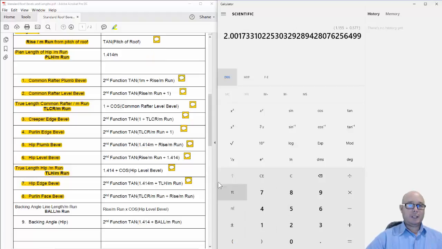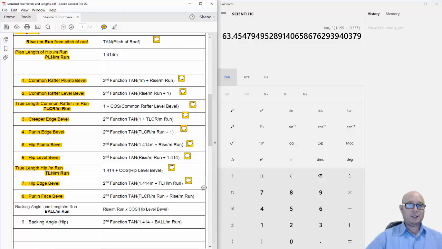I'll close the bracket, and I also need to second function tan that, so I'll hit the tan minus 1 button, and there's the answer. It's 63.45. So this 5 would round up the 4 to a 5, so the answer is 63.5 degrees.